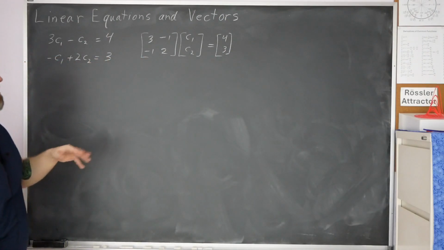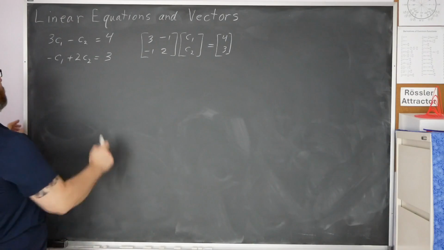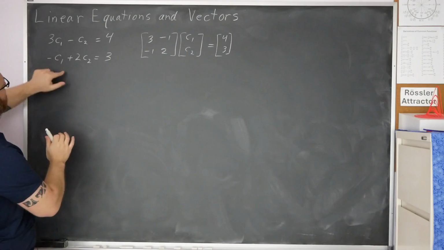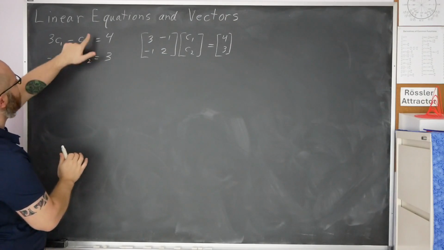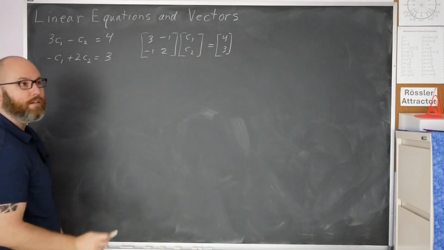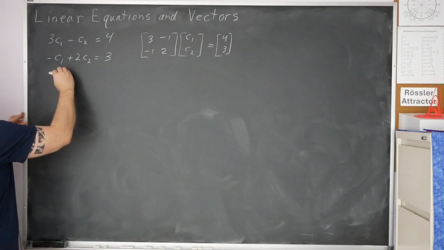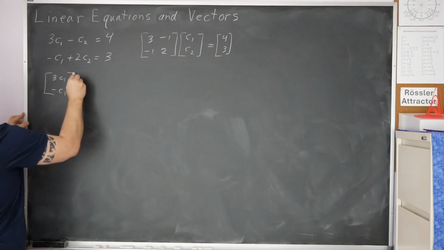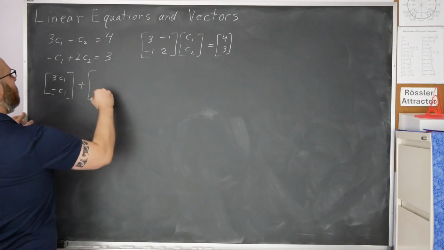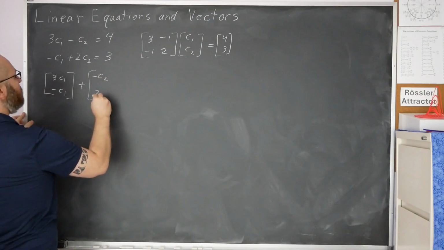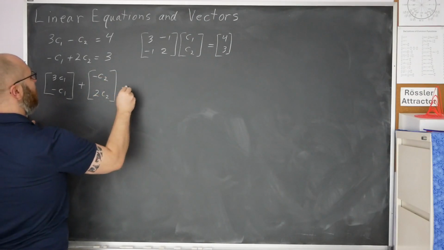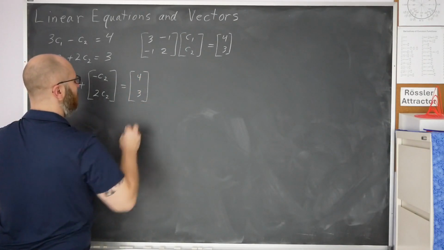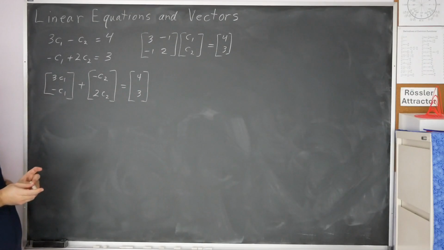But I could also write it a little bit differently. So I could write this instead as, I could take like this first bit as a vector, plus the second column as a vector, equals the third column as the right-hand side. So to do that, I can write this as 3c1 and negative c1 plus negative c2 and 2c2 has to equal 4, 3. Right, that works, right?